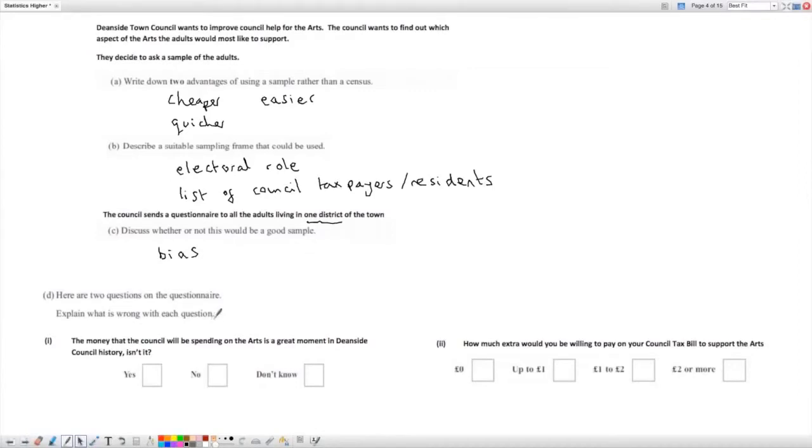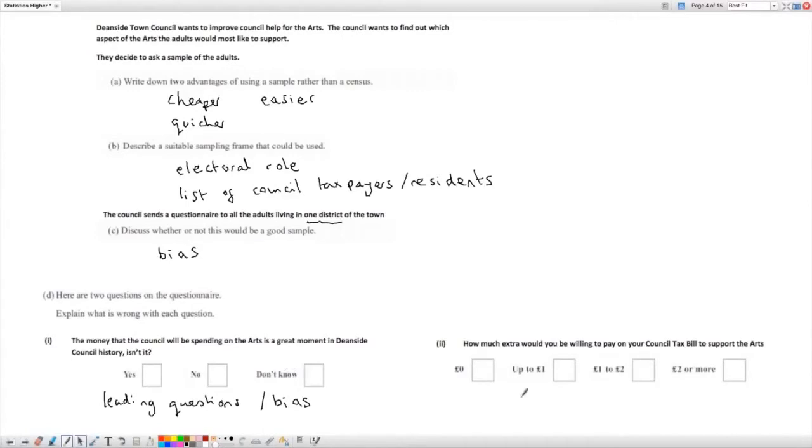It's a biased question because it's trying to persuade you to agree. So the problem with this question is it's a leading question, or biased, because it is forcing you to think and to say yes, that the money the council will be spending is good.